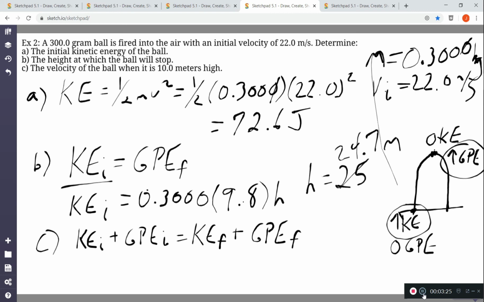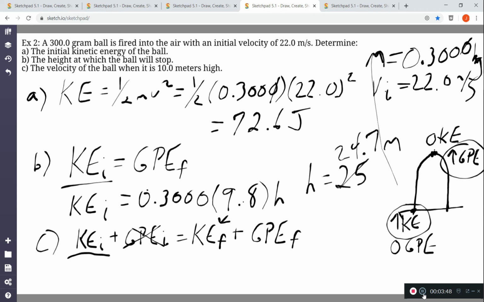First of all, we've already established that the gravitational potential energy at the beginning is 0. So that's going to make that nice. We've already worked out the kinetic energy initial. What we're looking for is velocity. So we're looking for a piece of the formula for kinetic energy final. So let's fill in the information here.